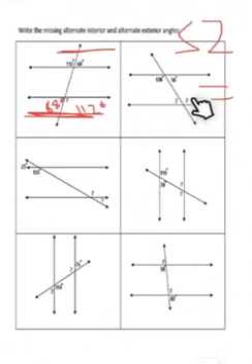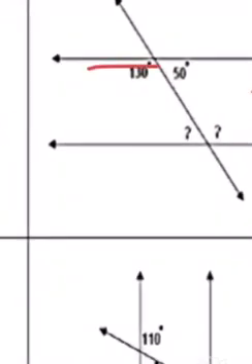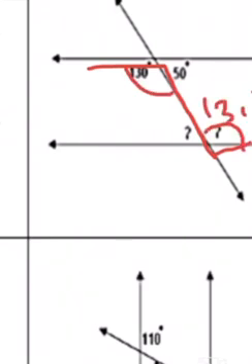If this angle is equal to 130, then its opposite corner on the inner side must be equal to 130, or using the Z shape, this and its opposite. So here we have 130.